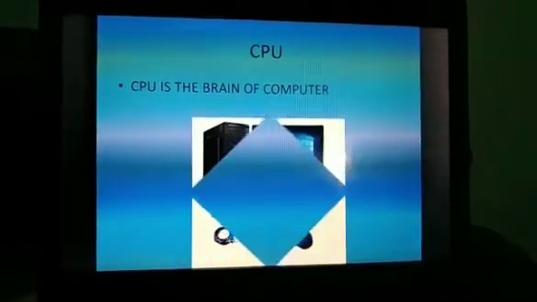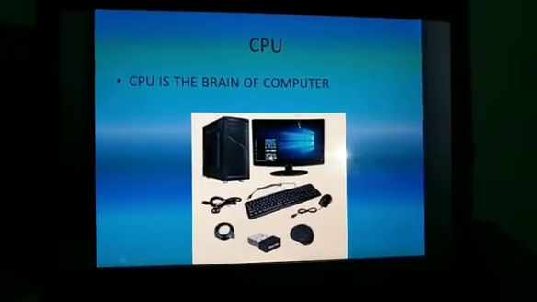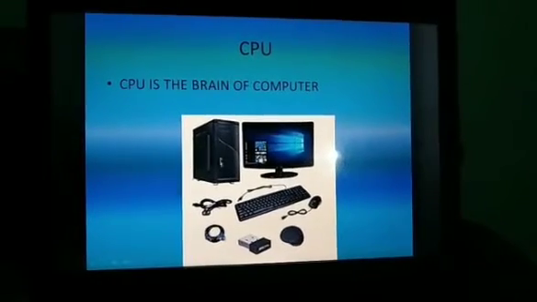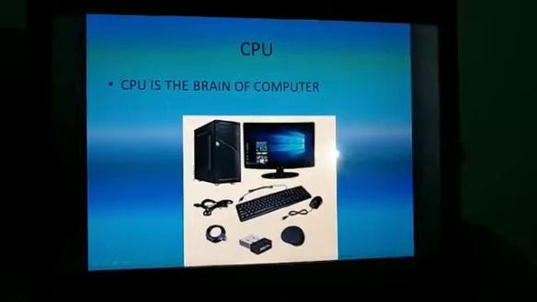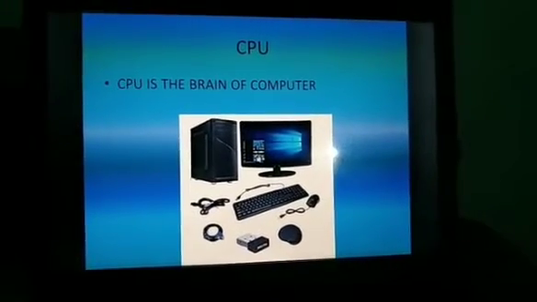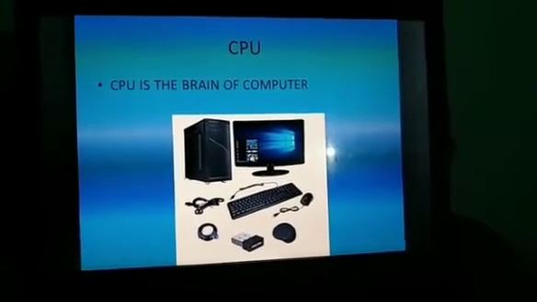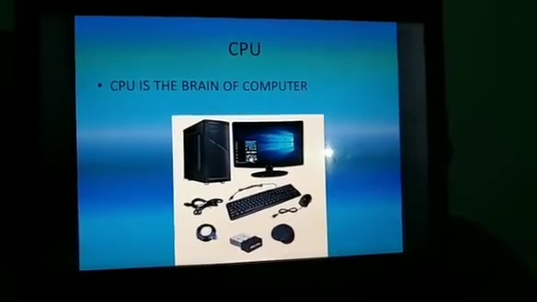Hence we call it the brain of the computer. This is the CPU we have here. Got it, children? What is it? The CPU is the brain of the computer. The full form of CPU is Central Processing Unit.